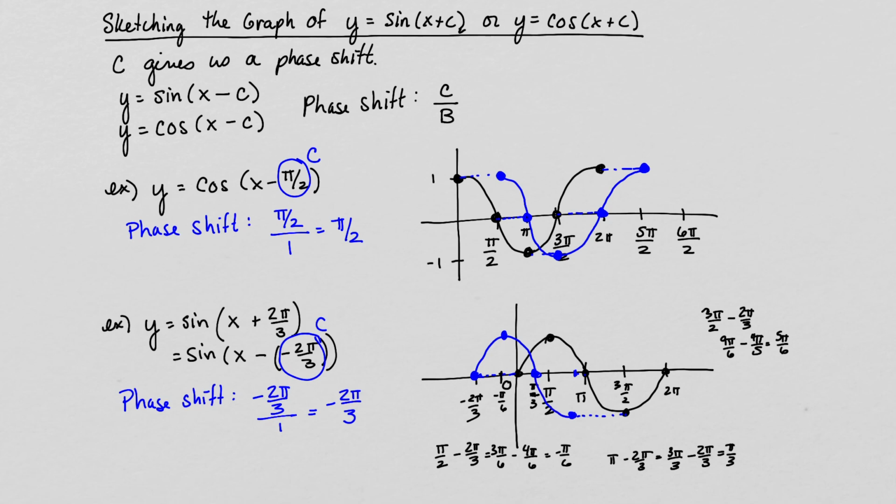So I'm continuing to make my graph. And then this last point, 2 pi. So 2 pi minus 2 pi over 3 is going to be 6 pi over 3 minus 2 pi over 3, which is 4 pi over 3. So 4 pi over 3 is going to be a little bit before this, so probably right about there. So this point's going to move back there, and so it comes up like that. So again, Alex is just going to want you to put in these 5 dots. So as long as you get those 5 dots in the correct place, then everything else will fall into place.